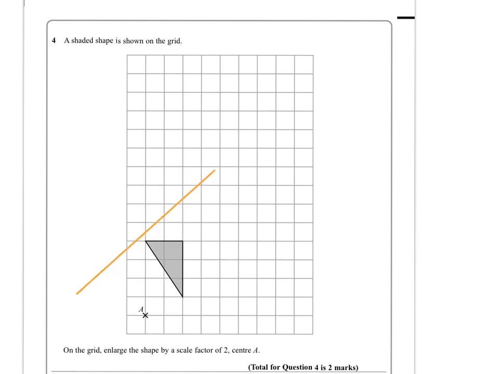So there's one here, and what I'm going to do is I'm just going to make them go through the centre A, and I'm going to join the centre A and make it go through all the points on the triangle. So that's the first one, and then we can do another one. And then this will go through the centre A as well, but go through another point on the triangle.